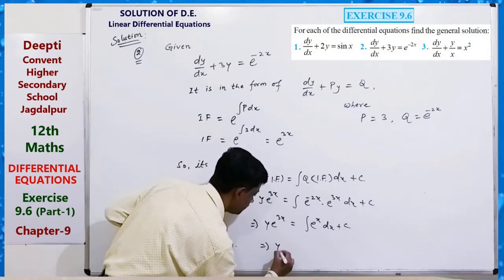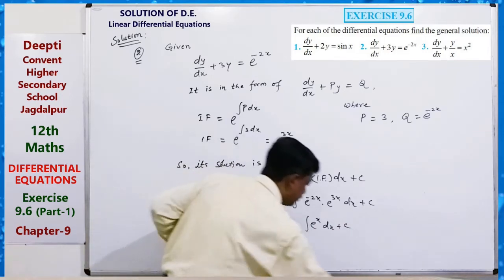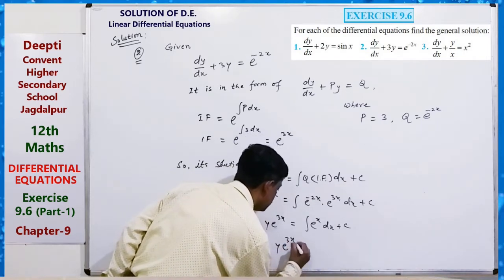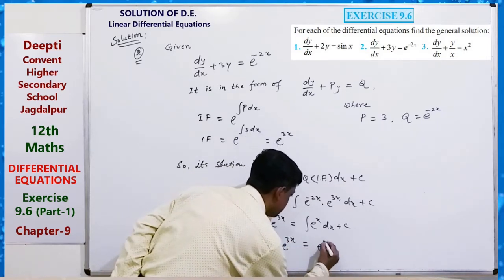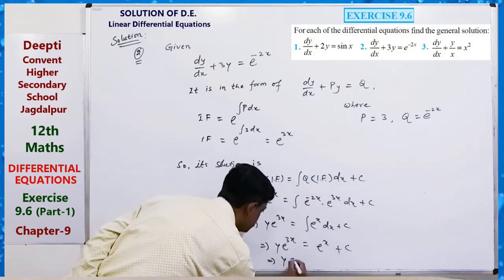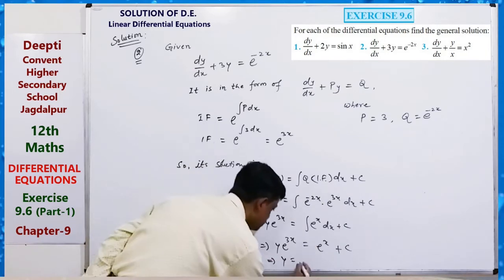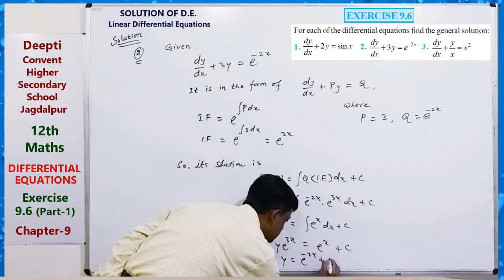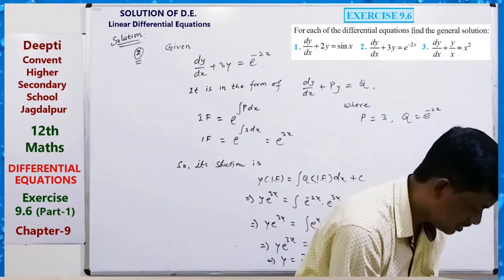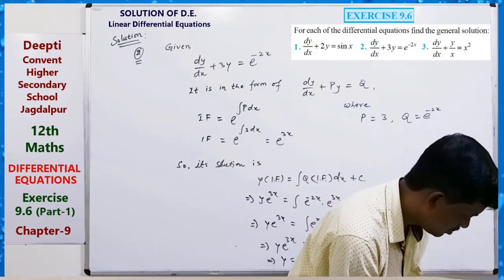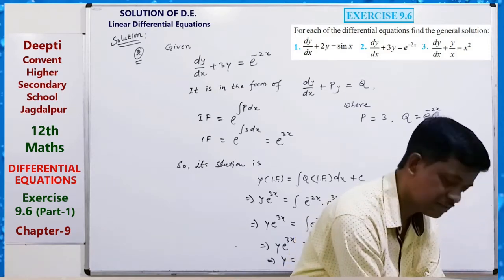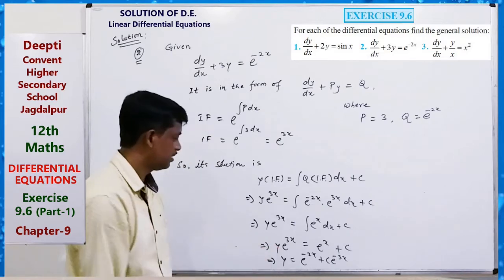So y e to the power 3x equals e to the power x plus c. You can write y equals, dividing by e to the power 3x, e to the power minus 2x plus c e to the power minus 3x. This is the solution of question 2: e to the power minus 2x plus c e to the power minus 3x. Clear?